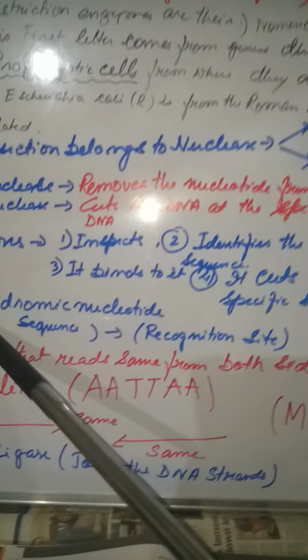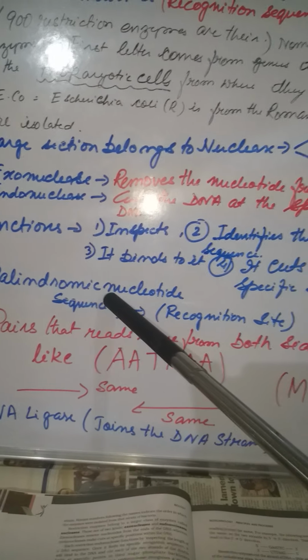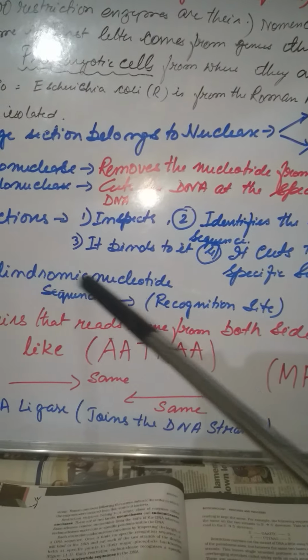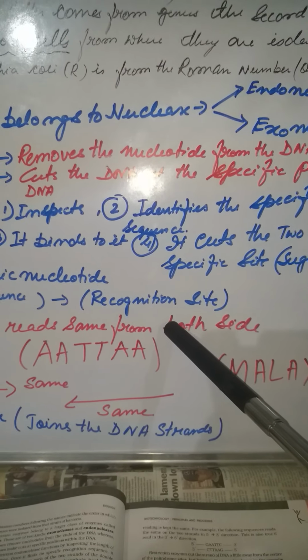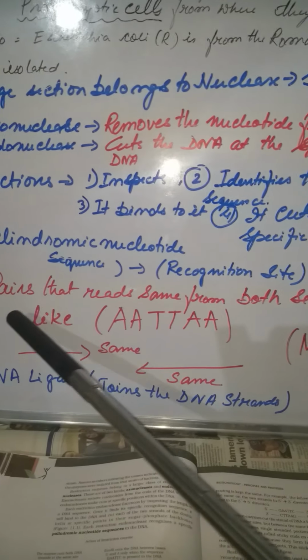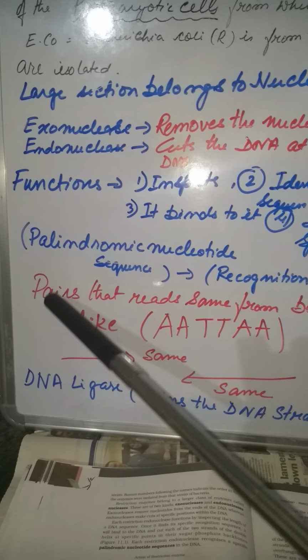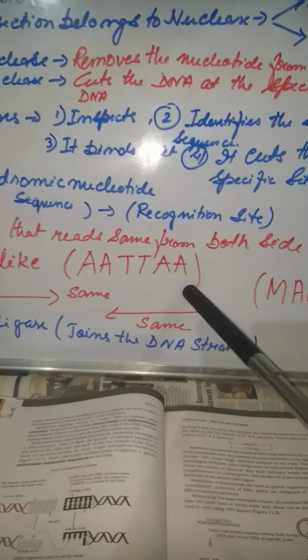Now, from where do they cut? They identify a palindromic sequence, which forms the recognition site. What is a palindromic sequence? Base pairs that read the same from both sides. For example, I have written AATTAA.